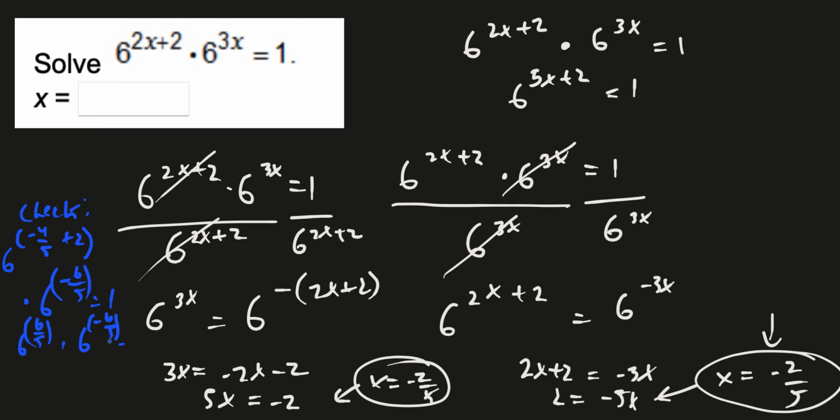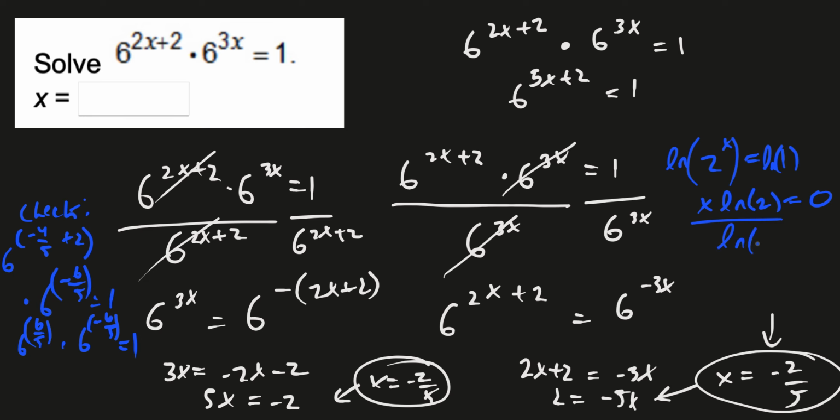And it has to happen because whenever you have an exponent and it's equal to 1, we know that the exponent has to be equal to 0. For example, 2 raised to the x power is equal to 1. X can be 0 in this case, right? Or we can take the natural log of both sides: x times the natural log of 2 is equal to 0.